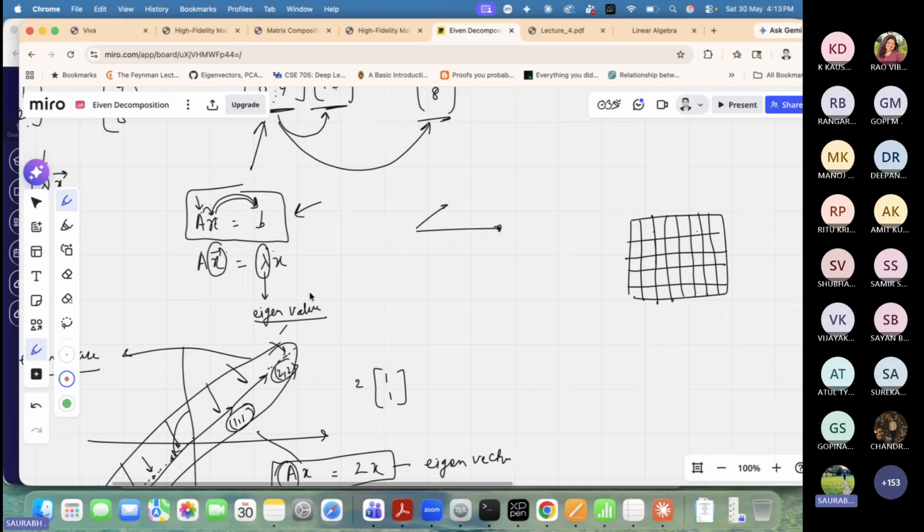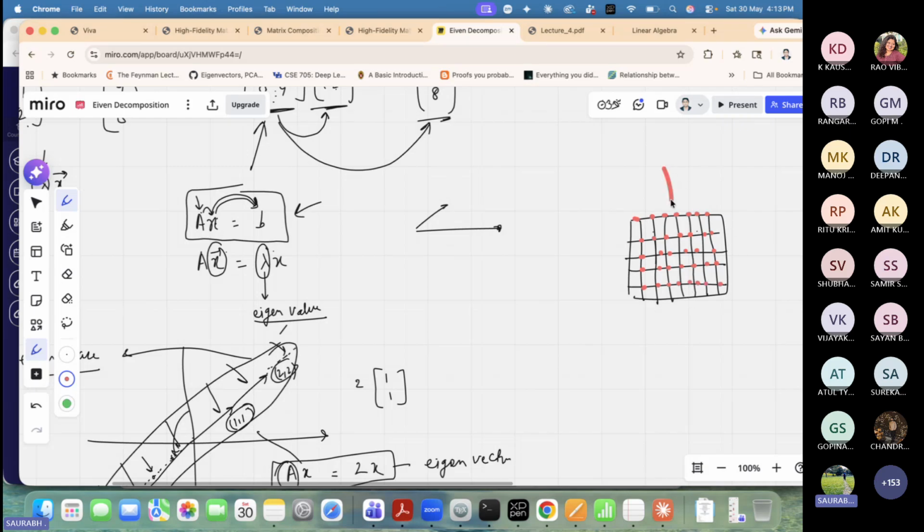If you think of every single point as a vector here, let's say we are specifically looking at the points which are the intersections of grid lines. Every point that you see would be a vector.